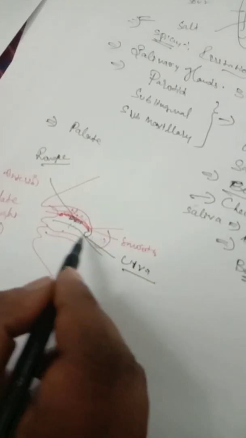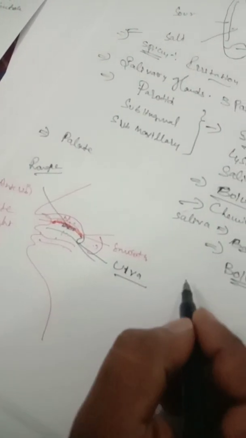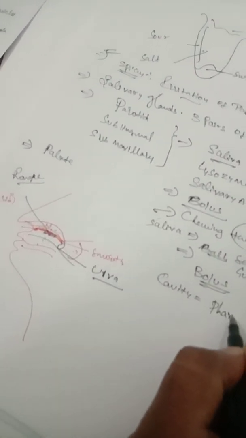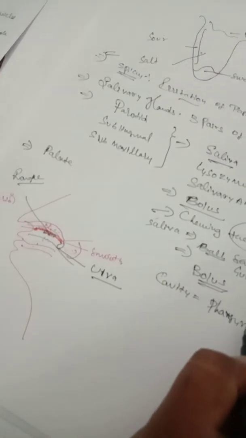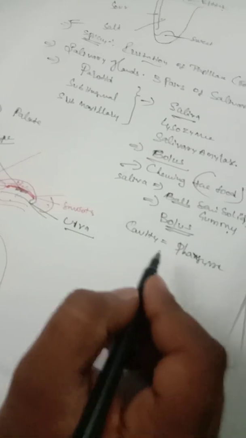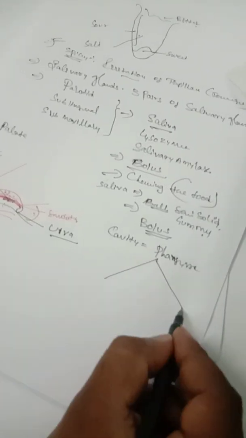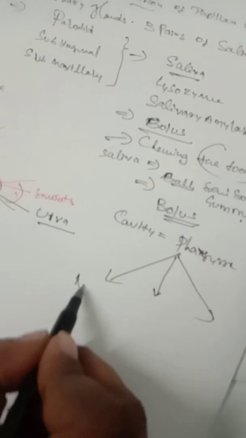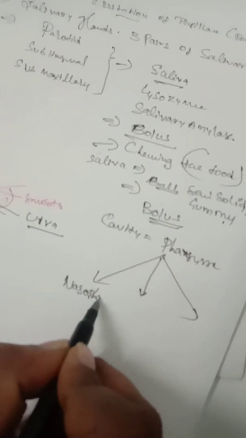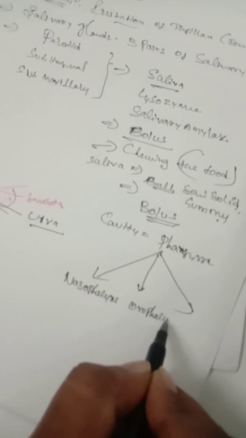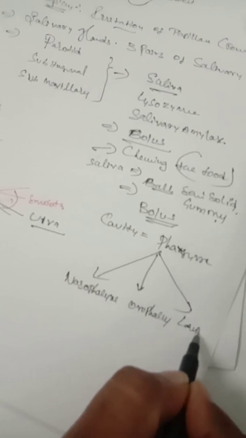One more cavity is there, called the pharynx. The pharynx is not a part, it's a special spacious cavity. The pharynx is divided into three parts: nasopharynx, oropharynx and laryngopharynx.